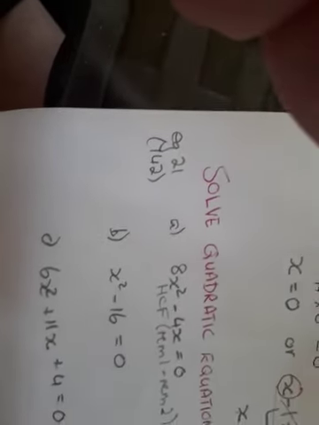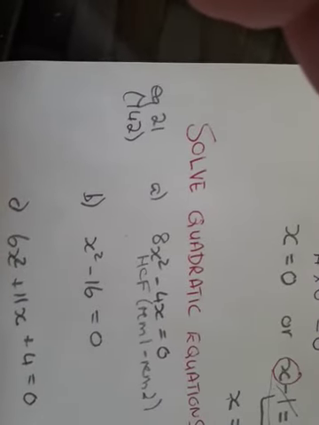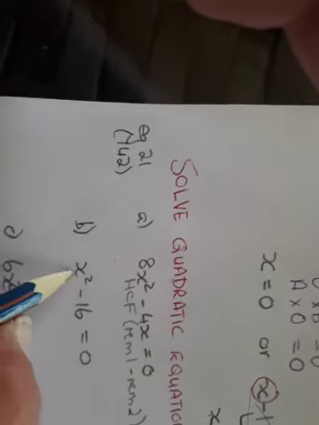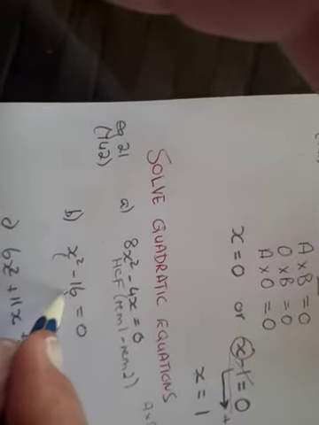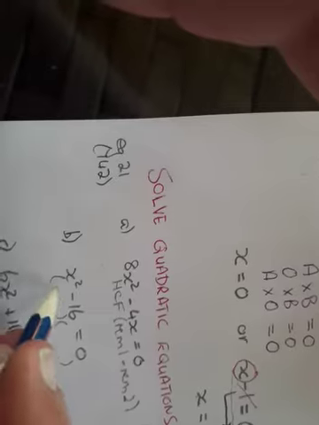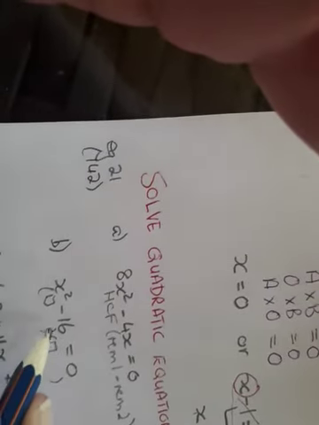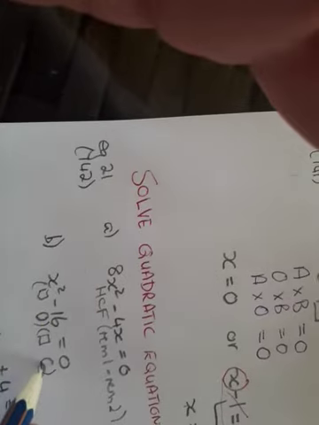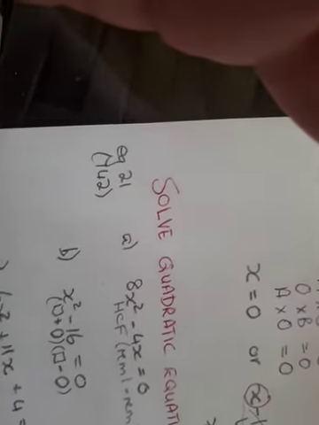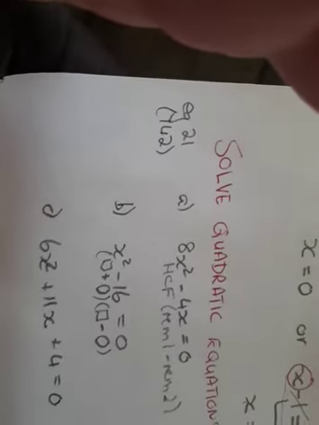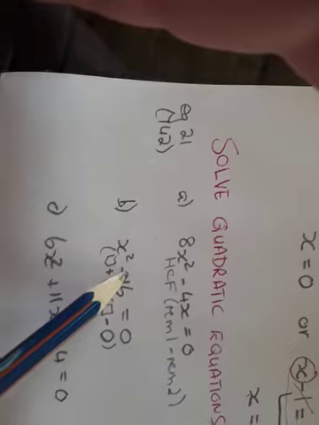If you look at example B, then you should recognize that as the difference between two squares, which means I taught you the two brackets where the first terms are the same, the second terms are the same. One bracket is a plus and one bracket is a minus. So you must simply factorize the difference between two squares.